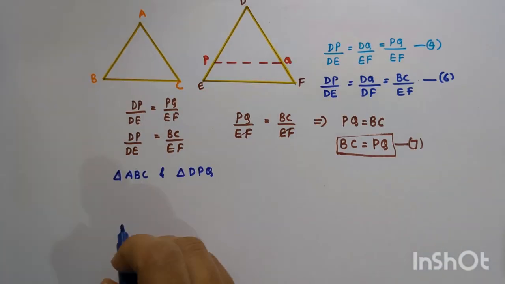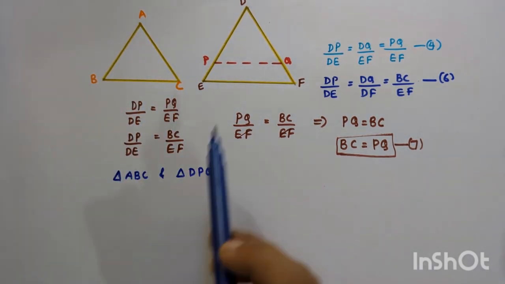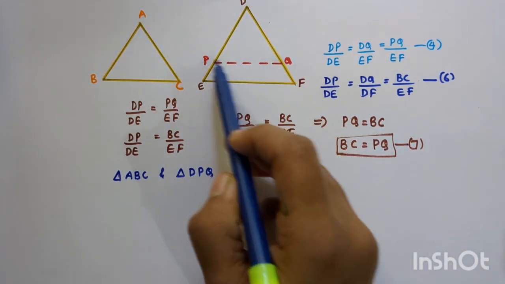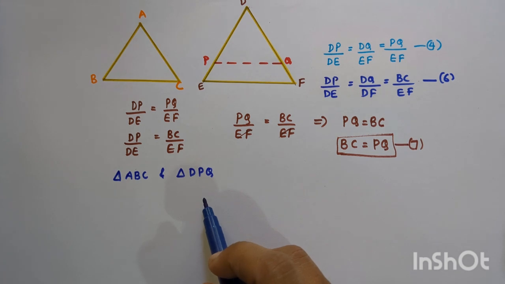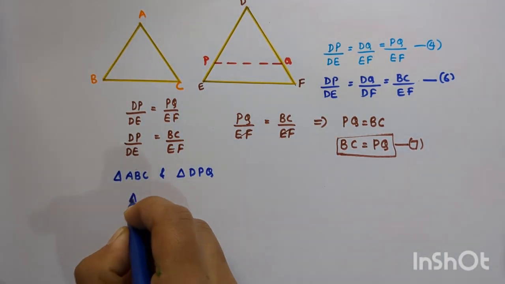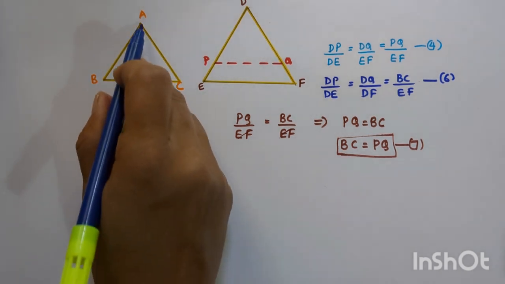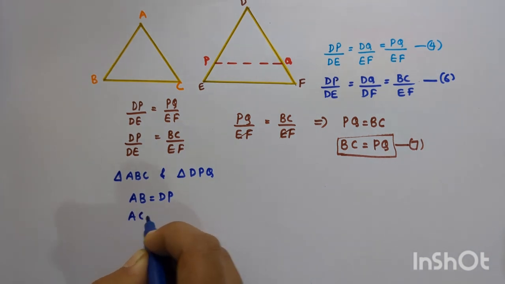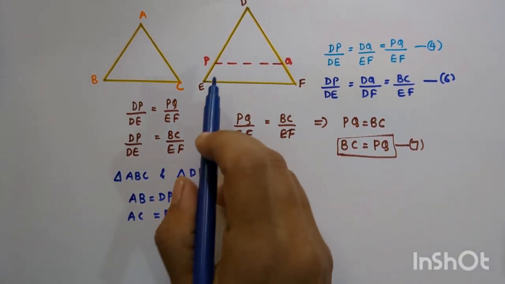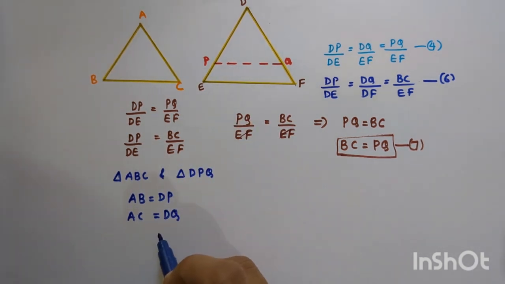Now, let us consider the two triangles, triangle ABC and triangle DPQ. See, by construction we have AB is equal to DP and AC is equal to DQ, because we have drawn one such line PQ in this way, such that AB is equal to DP and AC is equal to DQ.